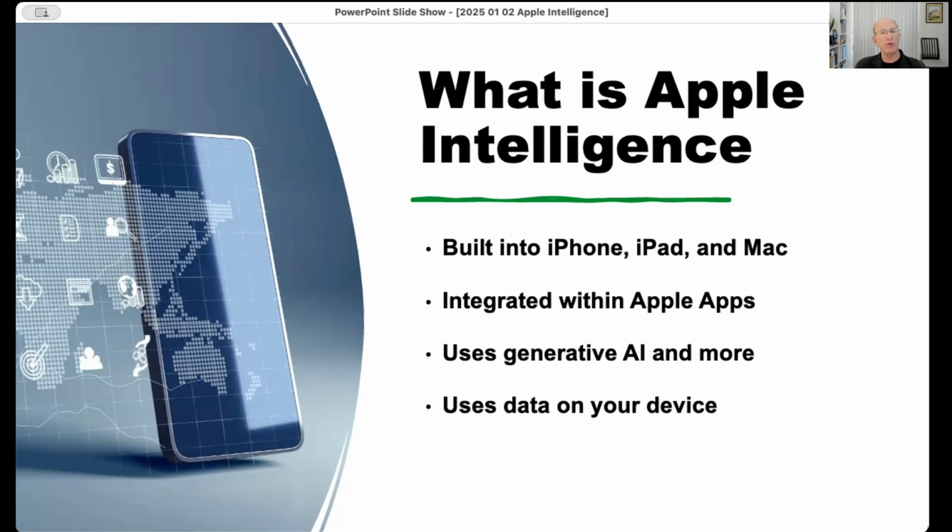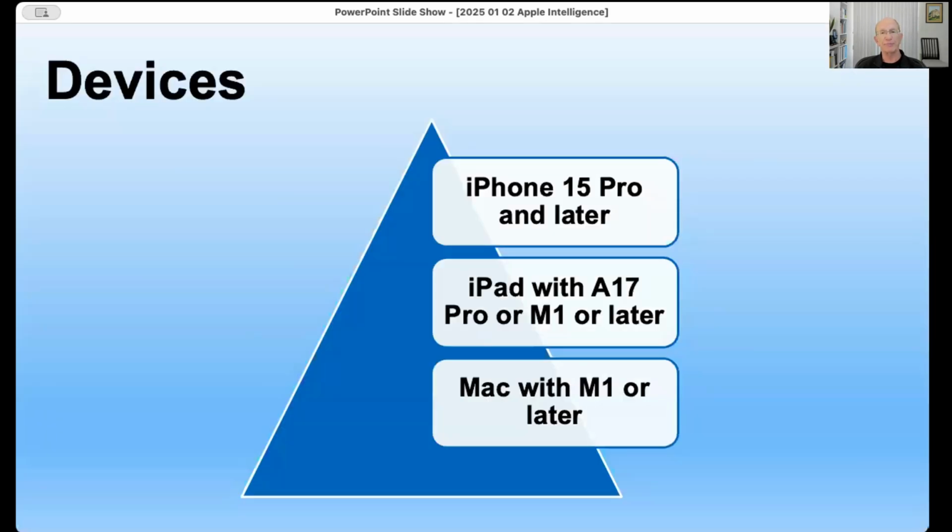Apple does use the internet. They use iCloud, but it's secure within your specific information. It doesn't use that information for any other purpose. And there is currently a ChatGPT extension that you can use with it free. And if you have a pro account, you can actually connect up your pro account.